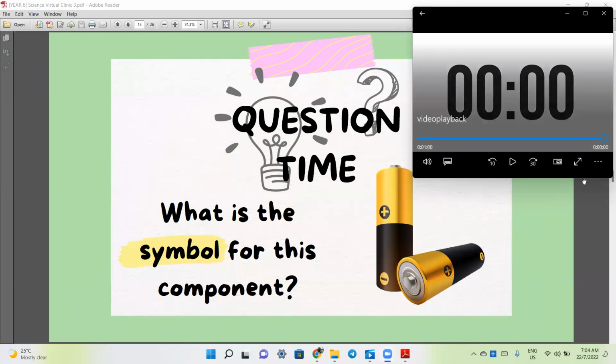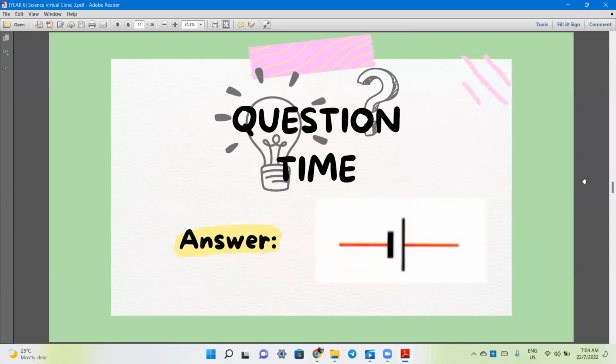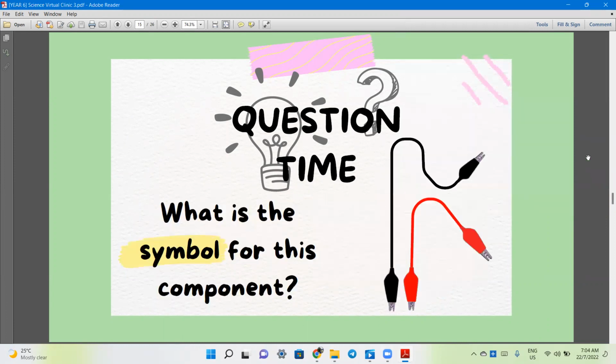Okay, time is up. The answer is, this is represented with one short and one long line. Are you ready for the next question?